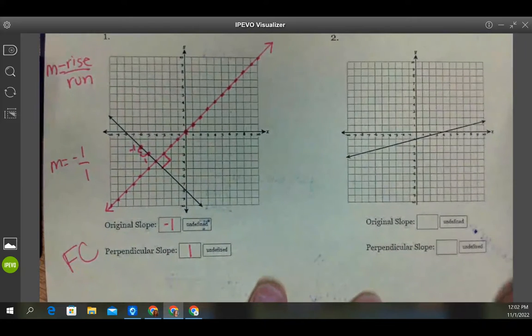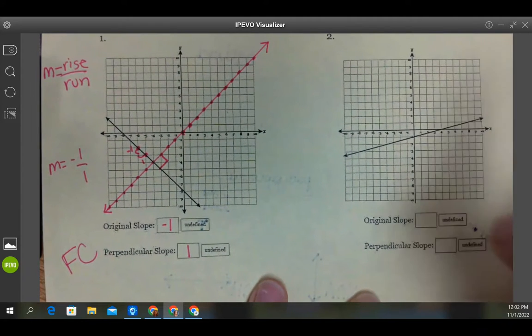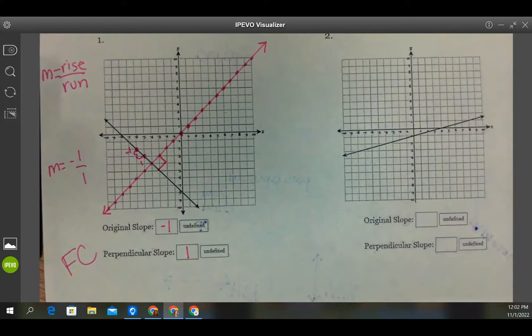Let's go to the other one. We're also doing a perpendicular line. So go ahead and find your slope first. Don't say it out loud, just find your slope.